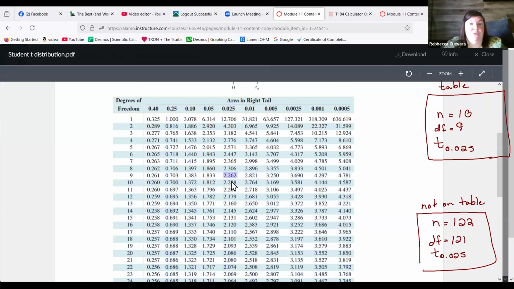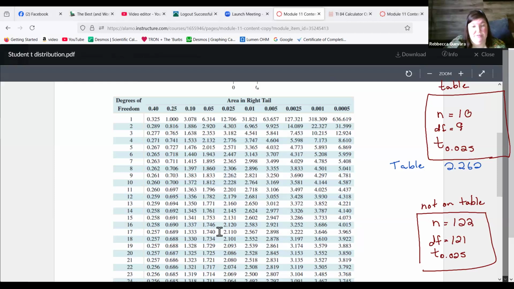This is what we had found over here. So this is what we found last time. So we're going to compare that to what our calculator is going to tell us. According to this, the t-score for 9 degrees of freedom for 95% is 2.262. I'll write that right under it so we can see it better. 2.262. So that is according to the table. That value was on the table.